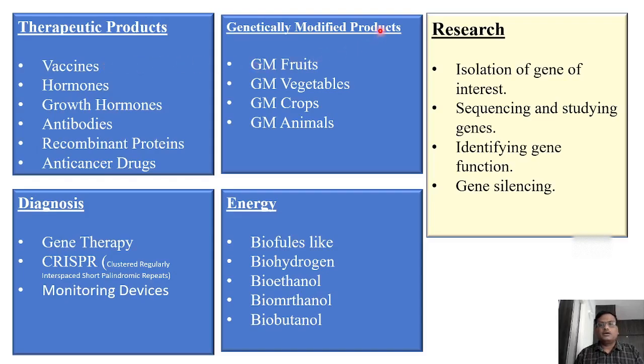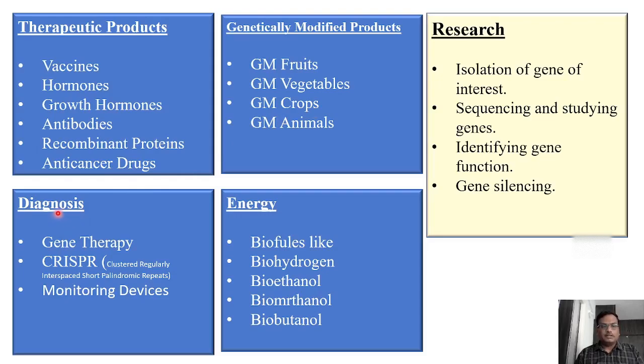And to produce genetically modified products like GM fruits, vegetables, crops, and genetically modified animals. So here we are going to produce the fruits with some desirable characters from other organisms. Nowadays, genetically modified fruits, vegetable crops, and animals have become very common, and they are available in the market.